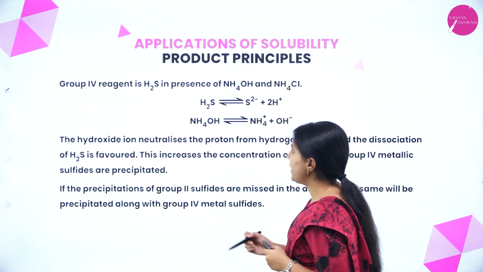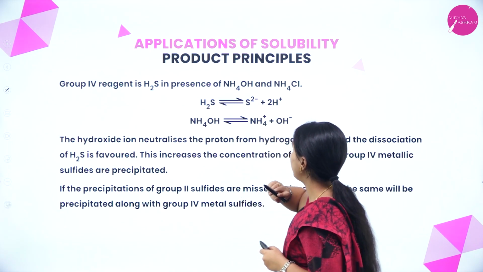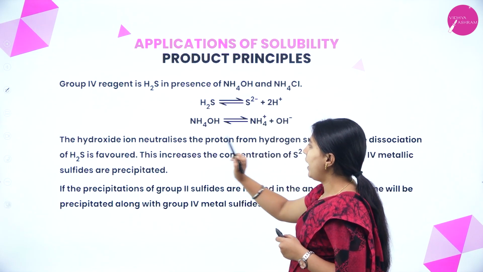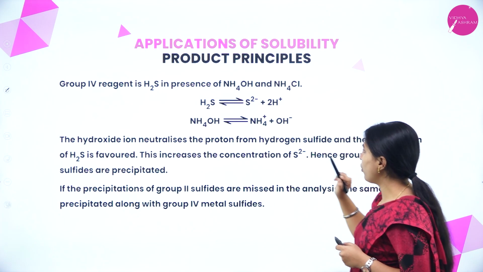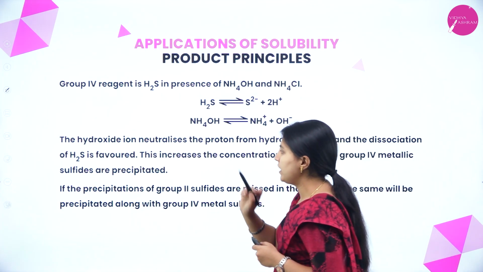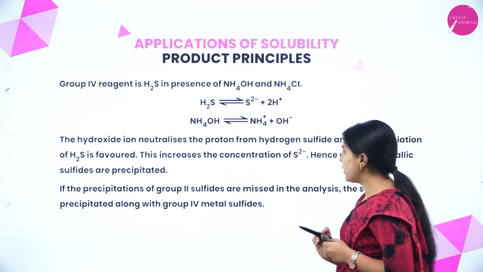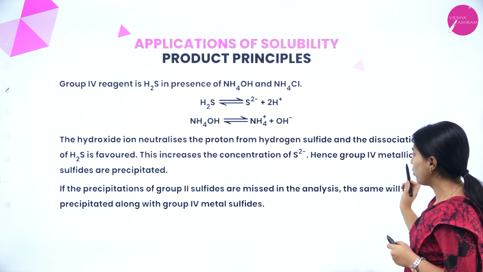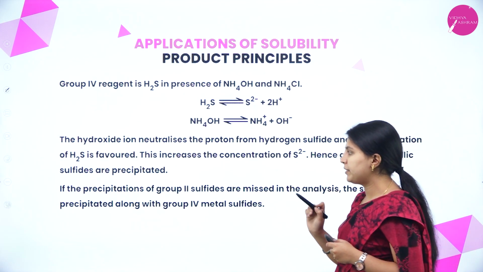Group 4 reagent is H2S in presence of ammonium hydroxide and ammonium chloride. The hydroxide ion neutralizes the proton from hydrogen sulfide and the dissociation of H2S is favored. This increases the concentration of S2 minus, hence group 4 metallic sulfides are precipitated.